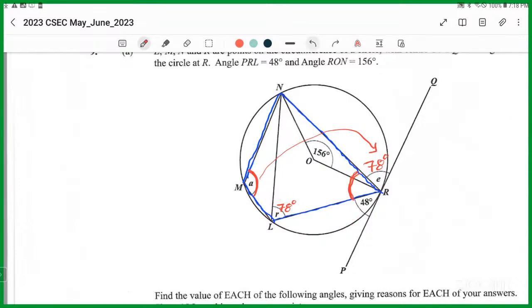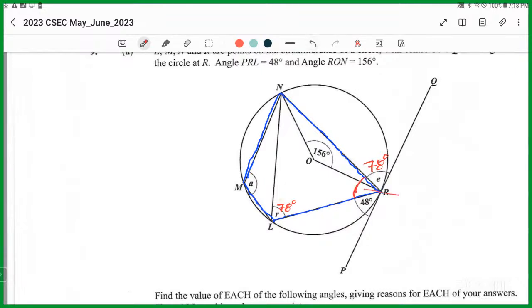Look again. These two angles add up to 180 degrees. And these three angles also add up to 180 degrees. Must mean that this angle is the sum of these three. If you don't want to do that, you could find this one first and then find this one by doing 180.